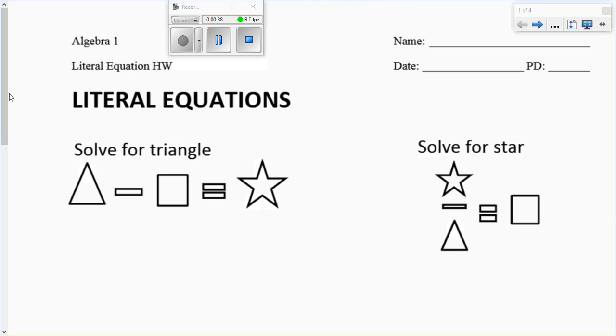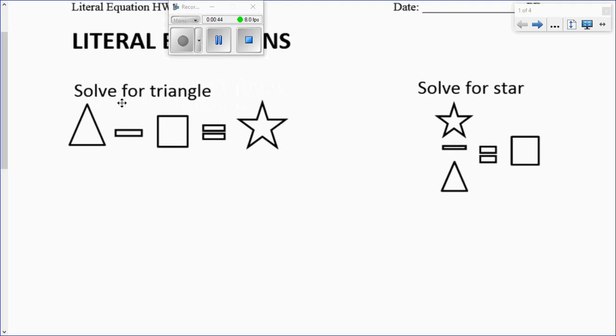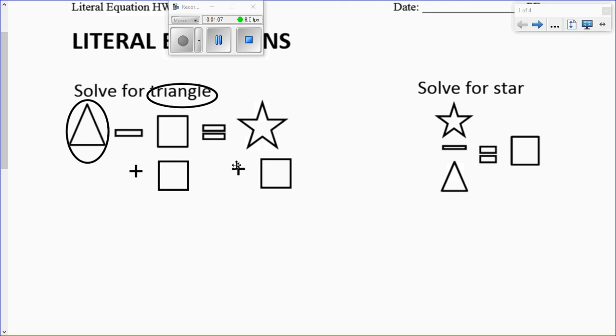Before we get into the algebra part, we're going to use pretty pictures to help us figure it out. When they tell us to solve for something, that's the variable or thing we're trying to get by itself. So we're solving for the triangle here. That means we're trying to get this triangle by itself. So it's triangle minus a square equals a star. We're still using inverse operations to move them away. If it says minus a square, we do the inverse of that by adding a square to both sides.